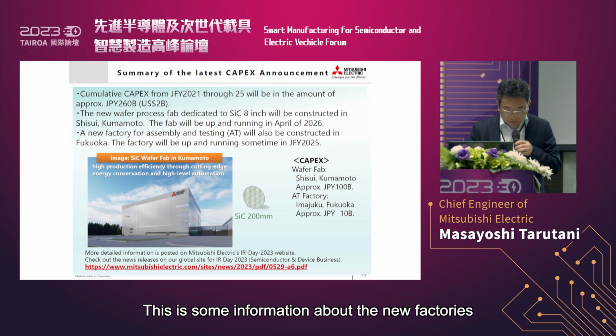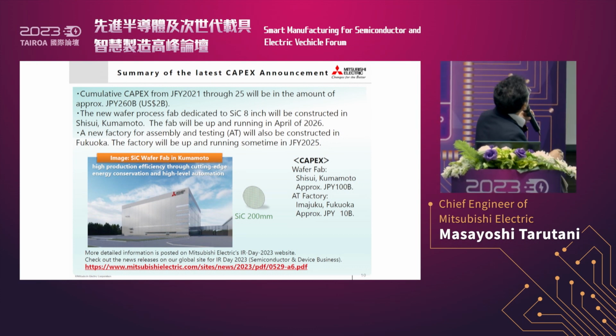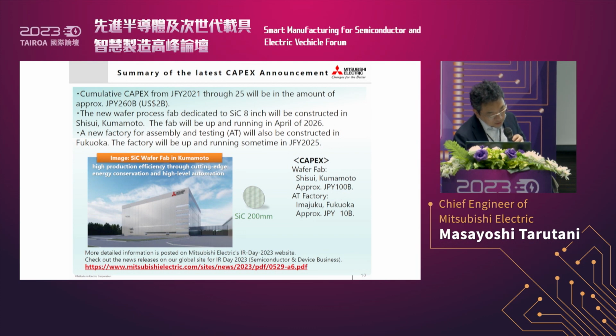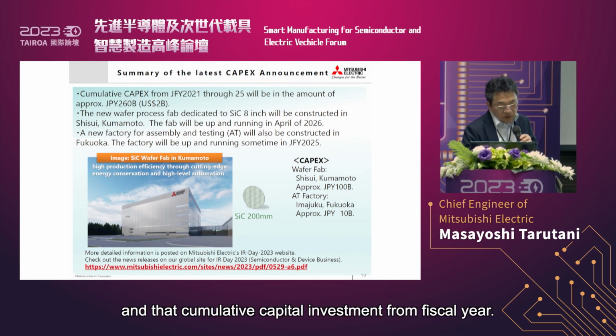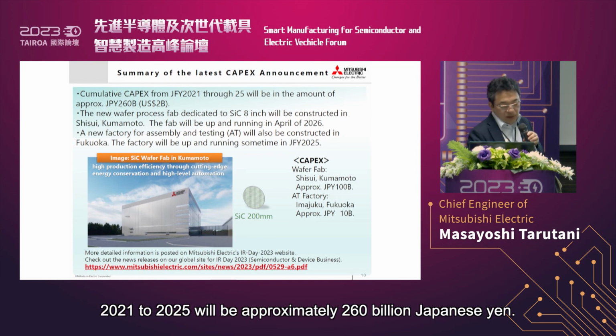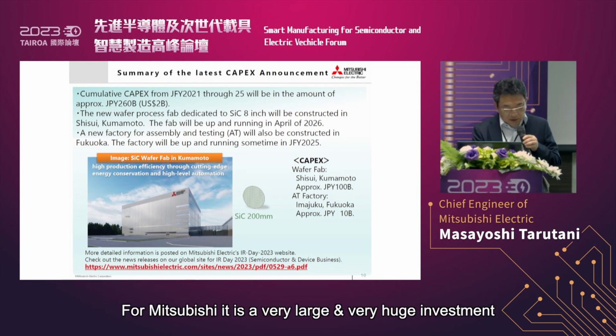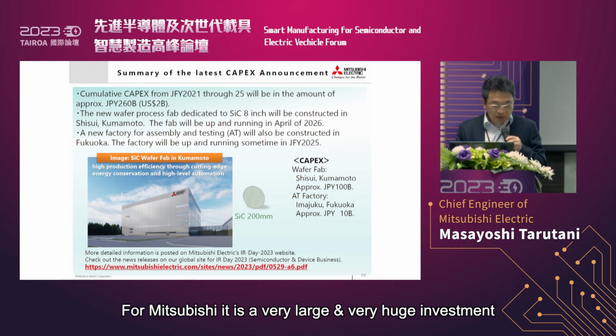And this is some information about the new factories. The cumulative capital investment from fiscal year 2021 to 2025 will be approximately 260 billion Japanese yen. For Mitsubishi this is a very huge investment.